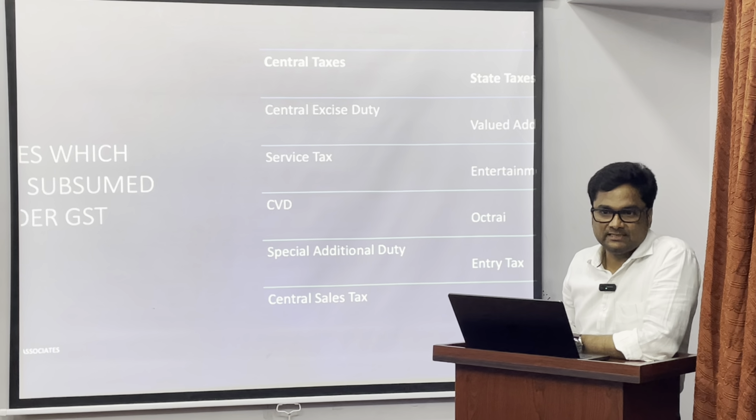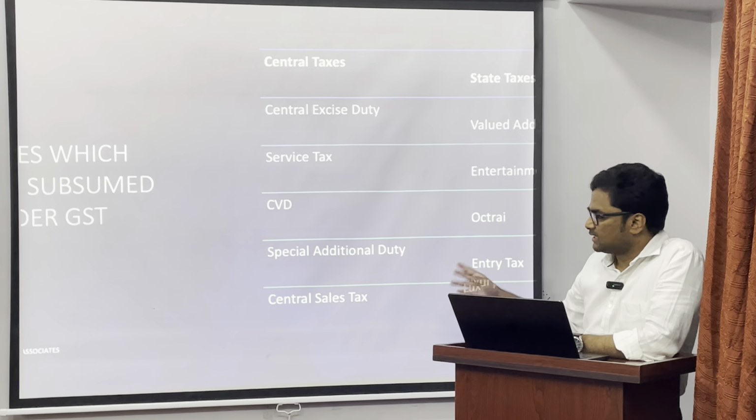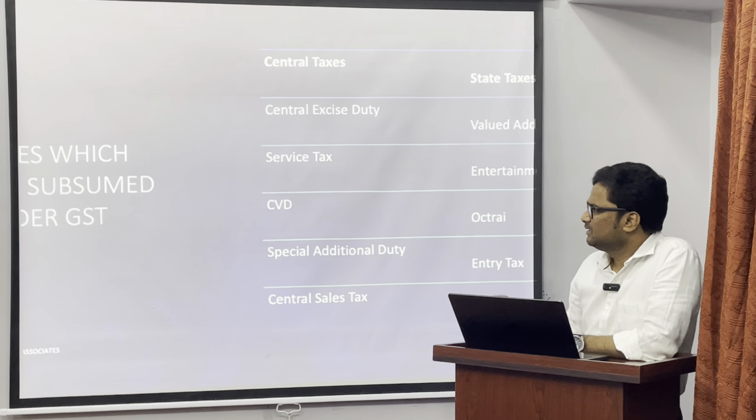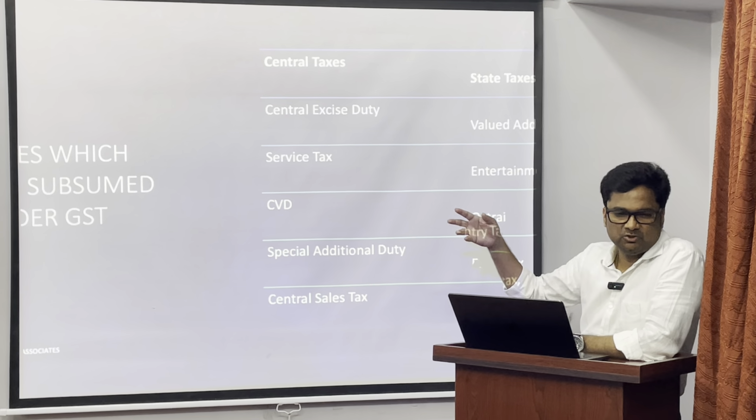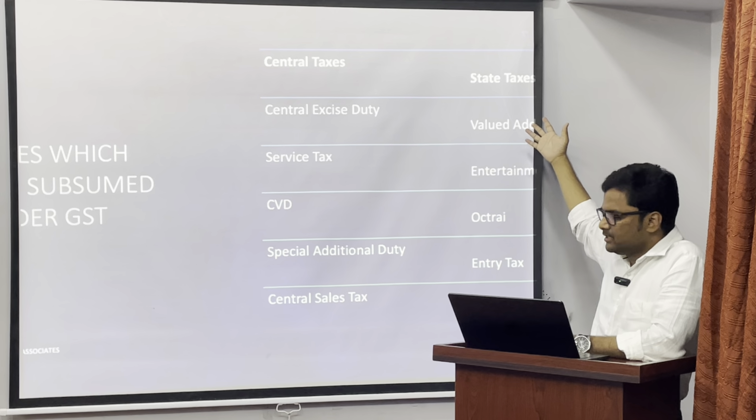CVD. Then SAD, special additional duty, equivalent to the state tax. Then central sales tax. In addition, some excise duty on textile and textile articles, excise duty on toilet preparations, all those have come. But these are the important things. And then VAT clubbed, that is the major one.